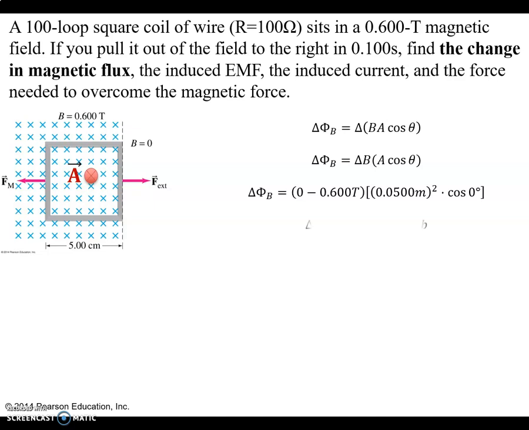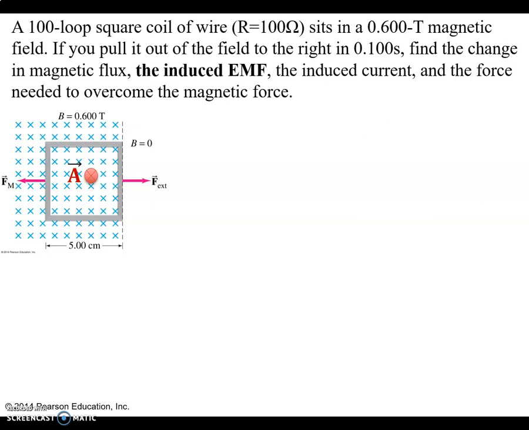You see that there is a change in magnetic flux of negative 0.00150 Webers. That makes sense, because at first you have a magnetic field passing through the loop, but as the loop is pulled out, the magnetic field decreases, so there's less magnetic flux, so you have a negative change in magnetic flux. So that makes sense.